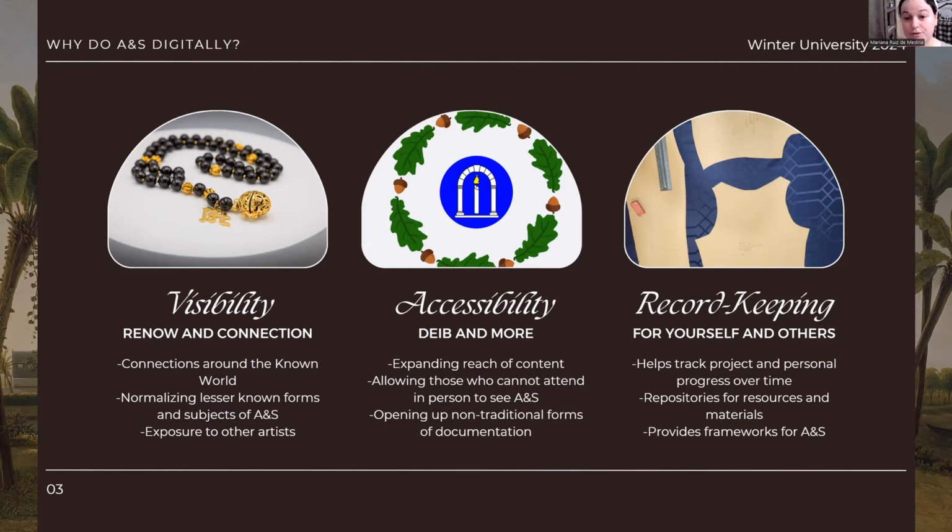And each of those groups of people still deserves and should be able to enjoy arts and sciences as much as any other group. So doing arts and sciences digitally expands the reach of content to people who may not be able to come in person, allows those who can't sit and read a 10, 15-page paper to find other ways of getting that information, and it also opens up non-traditional forms of documentation.